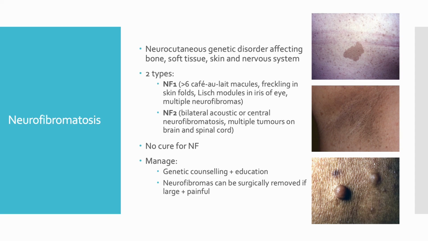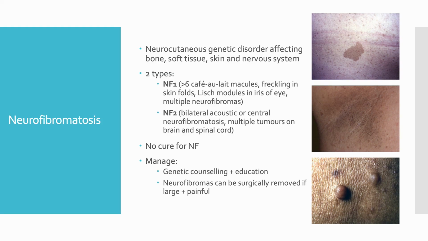Neurofibromatosis is a neurocutaneous genetic disorder affecting bone, soft tissue, skin and nervous system, and there are two types. Type 1 neurofibromatosis is characterised by the presence of more than 6 café-au-lait macules, which are large freckle-like lesions that may be present in the skin folds and in the axillae.